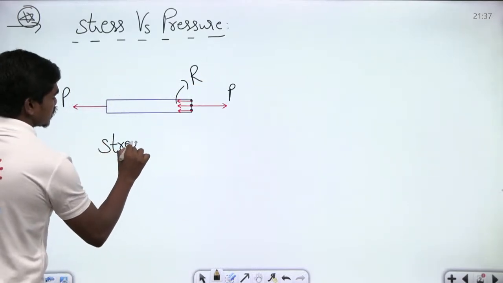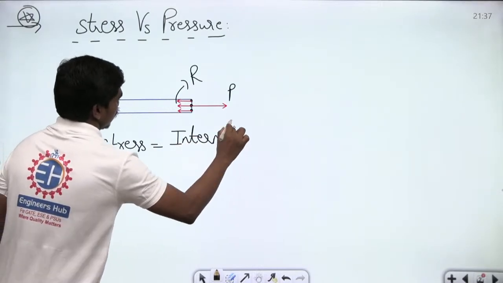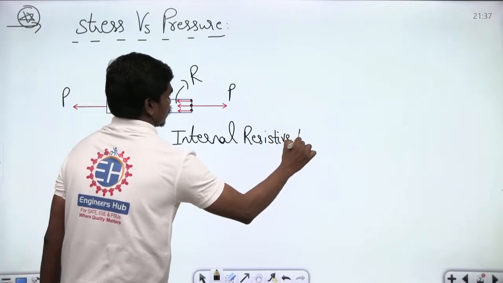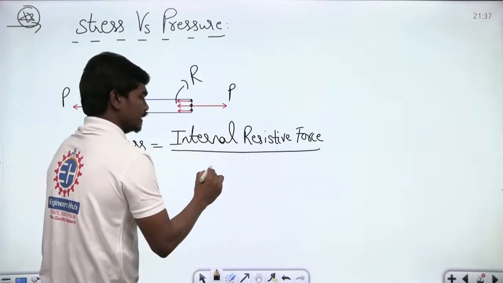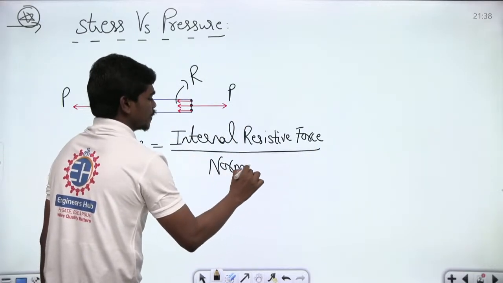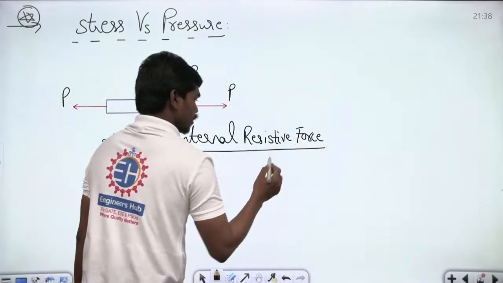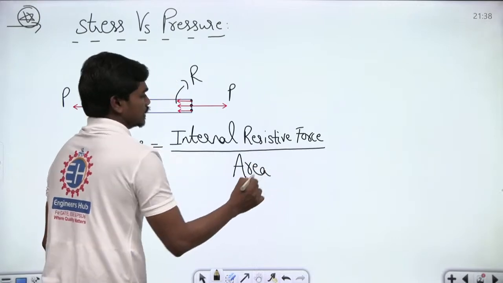Stress is this internal resistive force per unit normal area. In general, if you write about shear stress or normal stress, you can just write area here, correct? So this is stress, which we know.